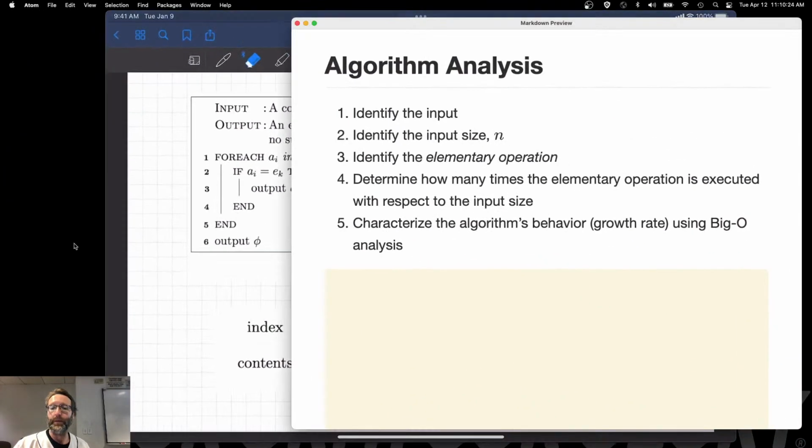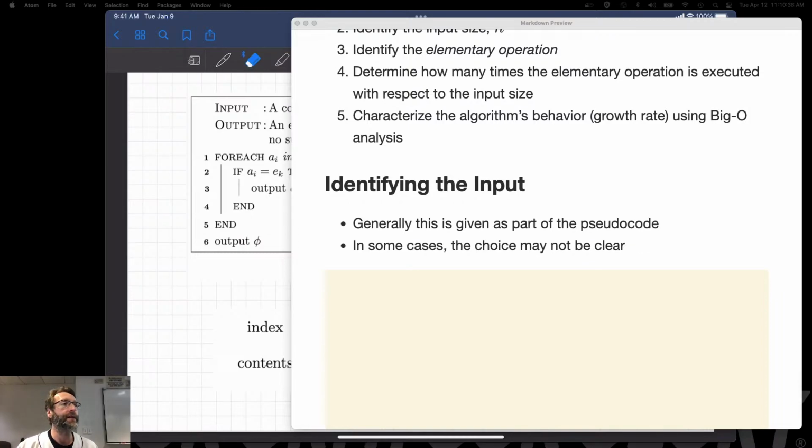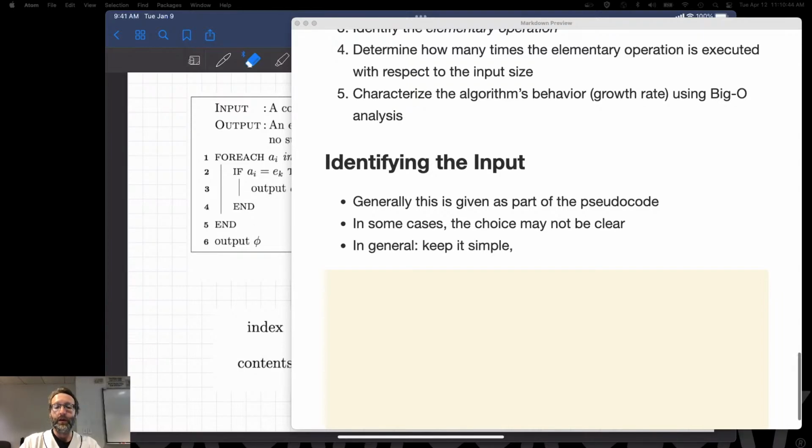Okay. So now let's go through each one of these steps in detail, using linear search as our first example. First of all, we have to identify the input size. And again, this is going to be easy if you've written good pseudocode. It's generally given as part of the input and clearly stated. But in some cases, the choice is not necessarily clear. In general, keep it simple.